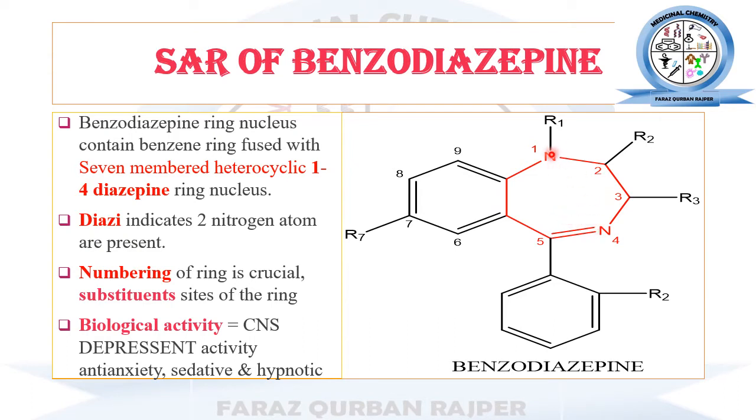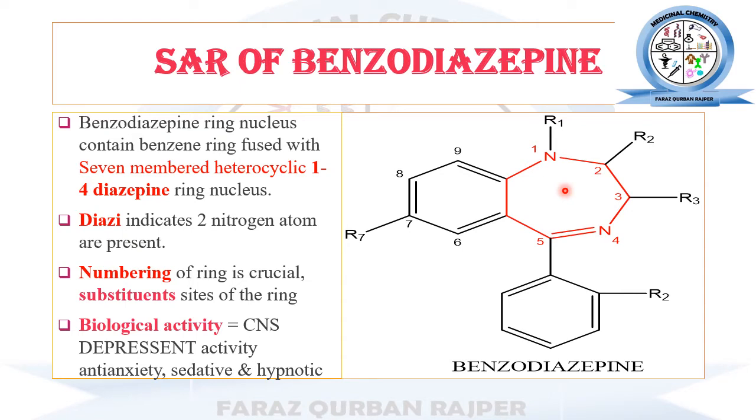The 1 and 4 positions represent the positions of the nitrogen heteroatoms present in the diazepine ring. Diaza represents the presence of two nitrogen atoms in this ring. The numbering of the benzodiazepine ring is very important to understand the structure activity relationship of different benzodiazepine.